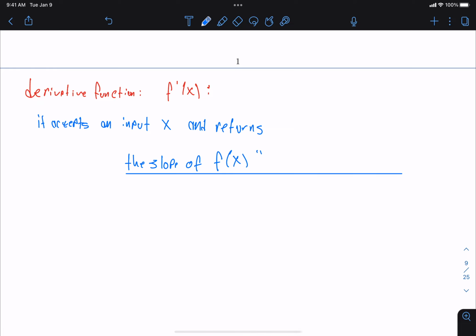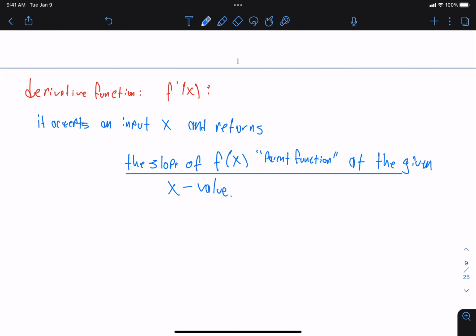We sometimes call it the parent function. At the given x value. So it accepts an input x and it returns to you the slope of a different function at that x value.